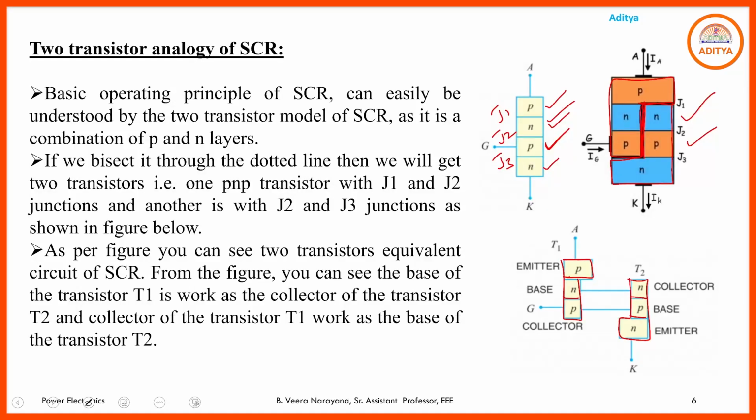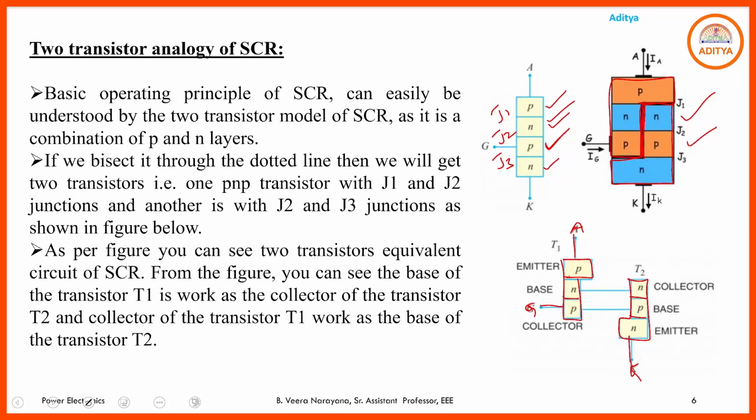So the actual construction of the SCR consists of 4 layers. The middle P and N layers can be bisected into 2 halves, so the SCR can be resolved into 2 transistors: one PNP transistor and another NPN transistor. The outer P layer is connected to the anode terminal, the outer N layer is connected to the cathode terminal, and the middle P layer is the gate.